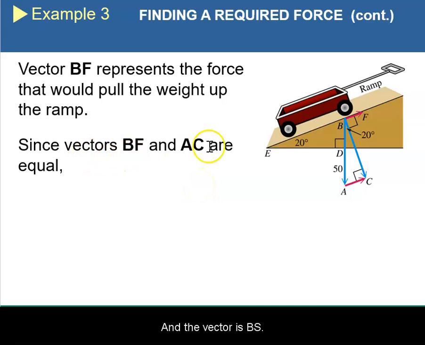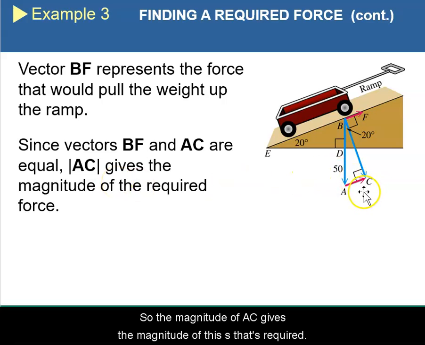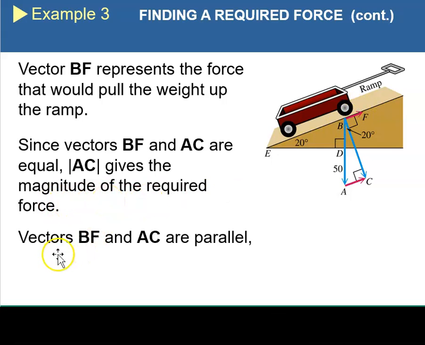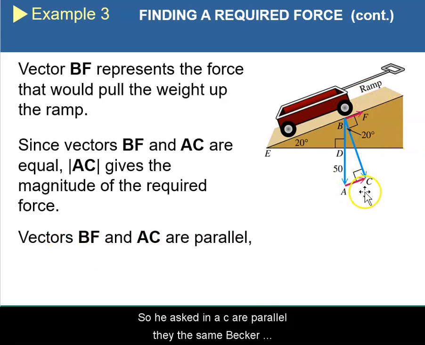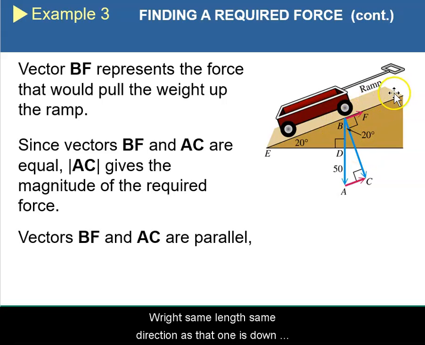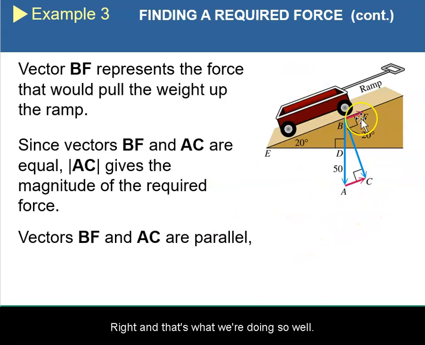And the vectors BF and AC are equal. So the magnitude of AC gives the magnitude of this F that's required. BF and AC are parallel. They're the same vector, same length, same direction. It's just that one is down here and the other one is up here. Remember what I said? It doesn't matter where in space it is, and that's what we're doing.